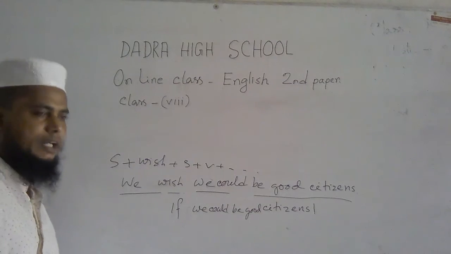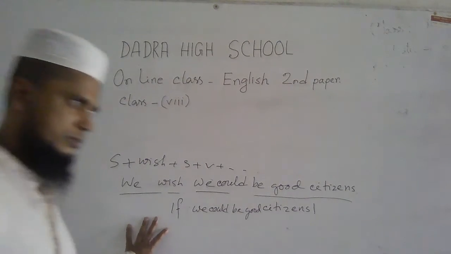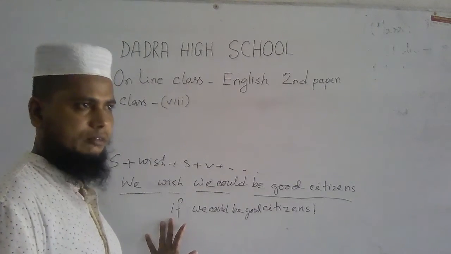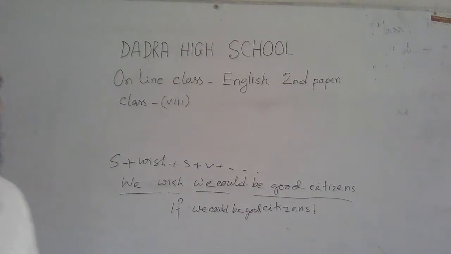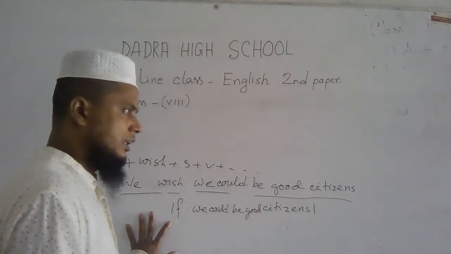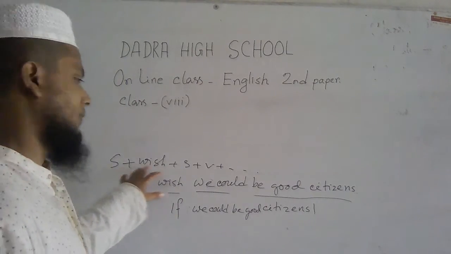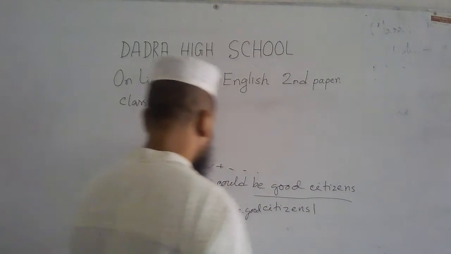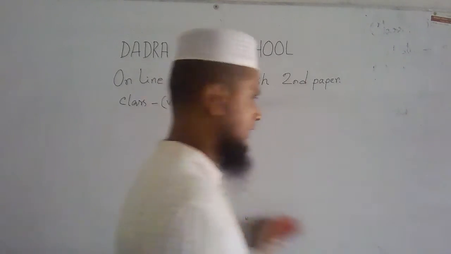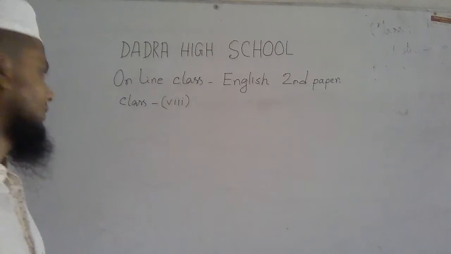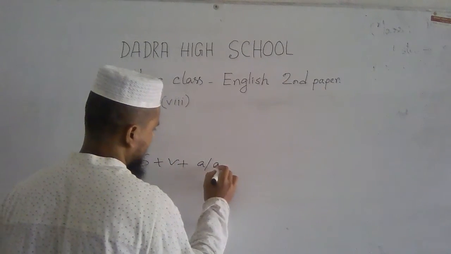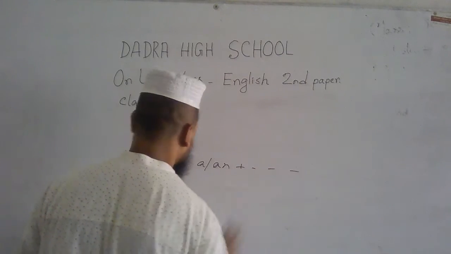And if you get such types of sentences that start with if or had or would that, you can make them assertive by using subject plus wish and then the sentence. In another format, the assertive sentence may come as subject, verb, article A, and then the sentence.